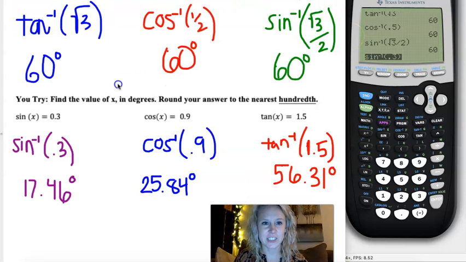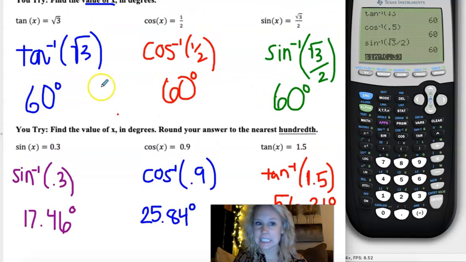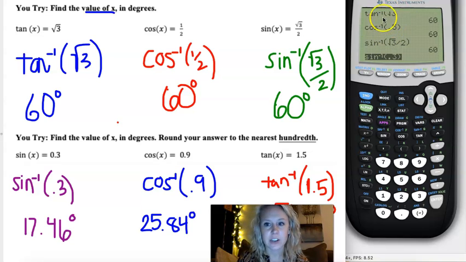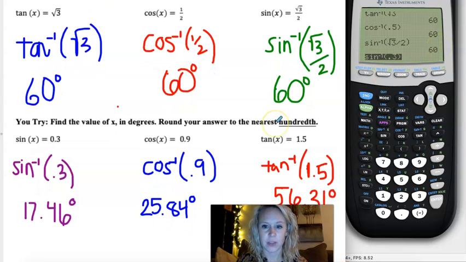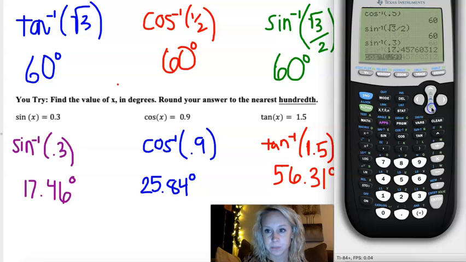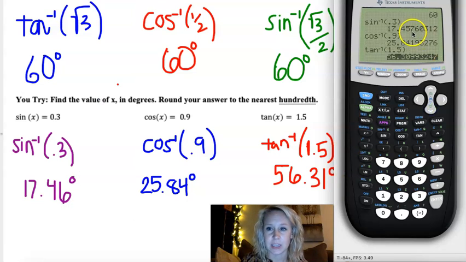Okay, so the answers were all 60 for all of these, okay? So in the calculator, you just type it in like so, cosine -1, tangent -1, sine -1, and you get 60, 60, 60, okay? On the bottom ones, the answers were 17.46 because the 7 rounds the 5 up.